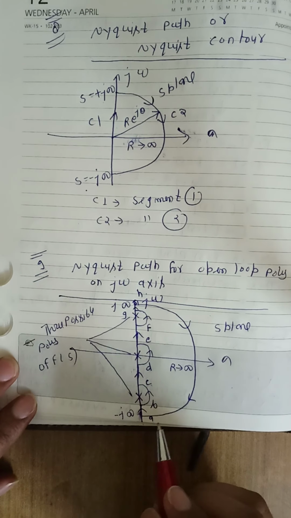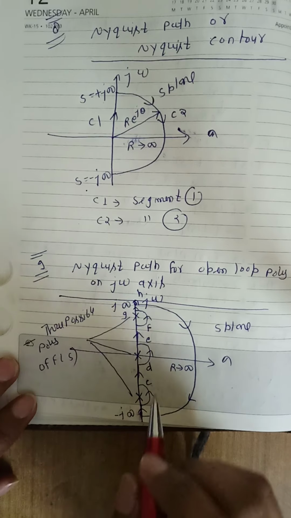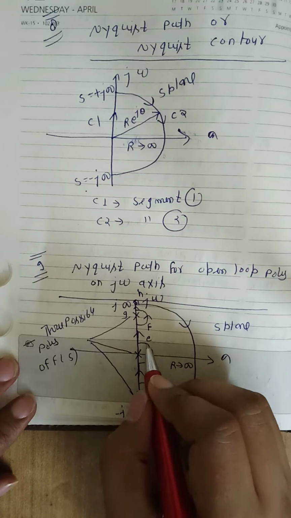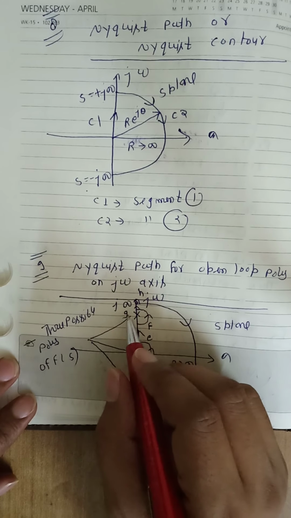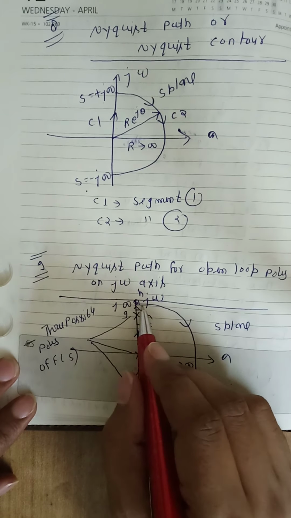We have first path AB, second path BC, this is semicircle, next path CD, next path DE, next path EF, next path FG, next path GH, and the next path you can say semicircle of radius infinity.